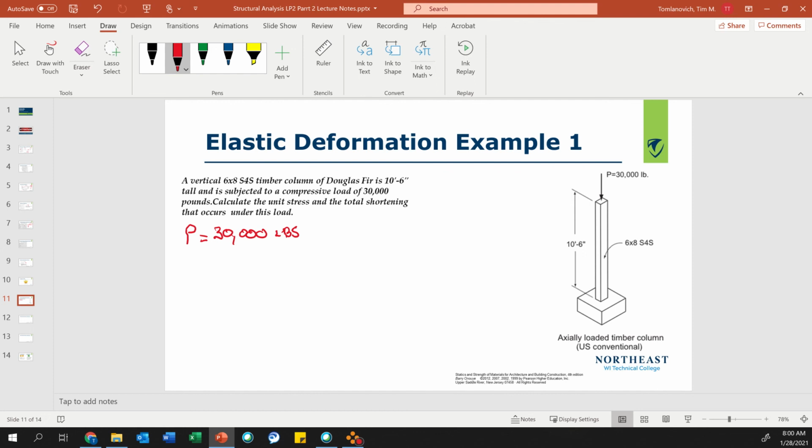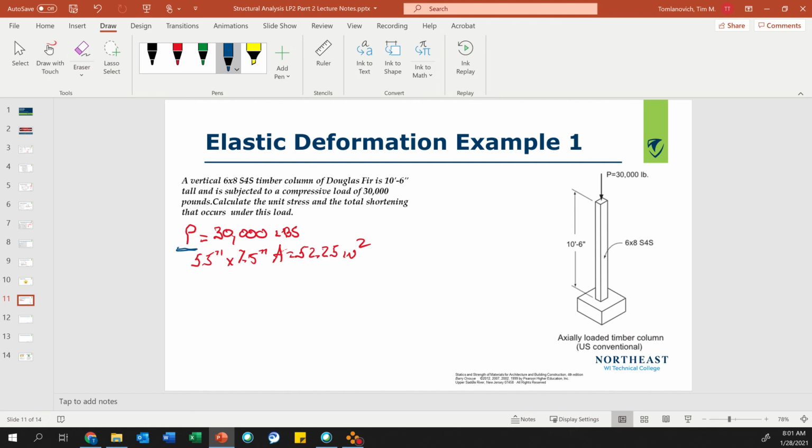The 6x8 nominal has a surface dried size of 5.5 inches by 7.5 inches. You pick that off from lumber tables. The nice thing about this table on page 567 is that it calculates the area of the surface dried size: 52.25 square inches. So area equals 52.25 square inches.